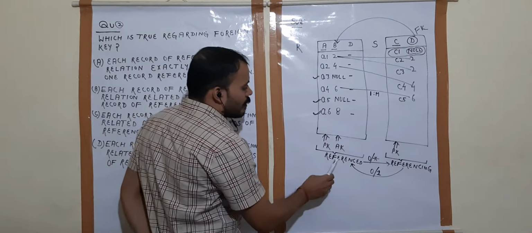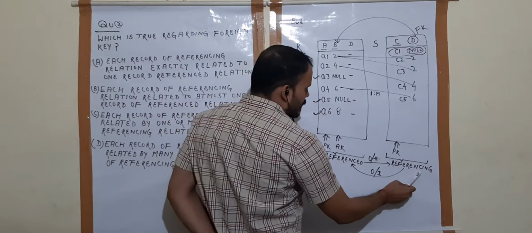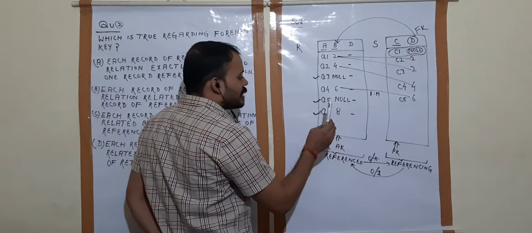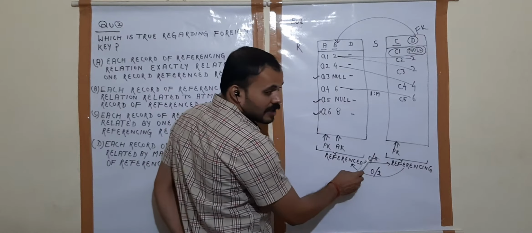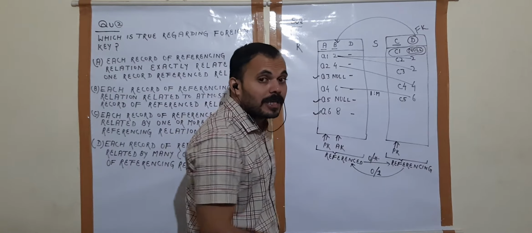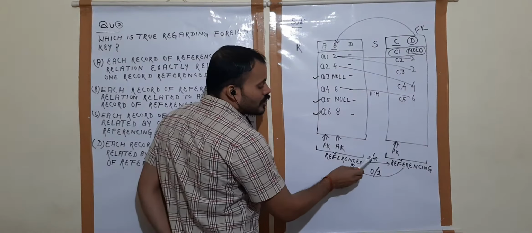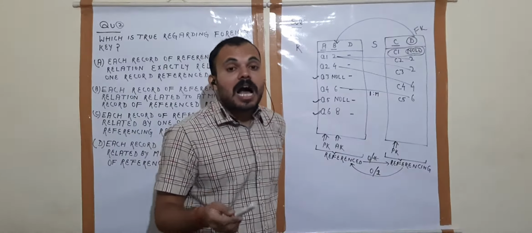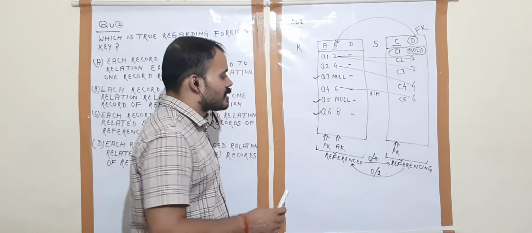Means from referenced to referencing, each record of the referenced relation is either not related, zero mapping means not related, or it may relate with many records of the referencing relation.